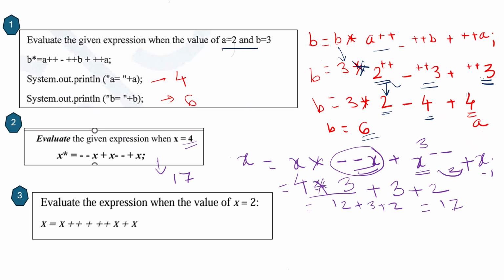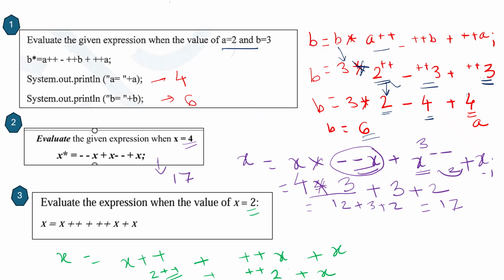Let me take another. X is equal to, what is my X? X is 2. X++ plus ++X plus X. So my 2++, again ++2, and then plus X. Let's try to add the values.